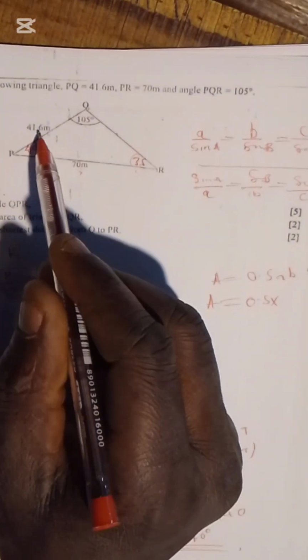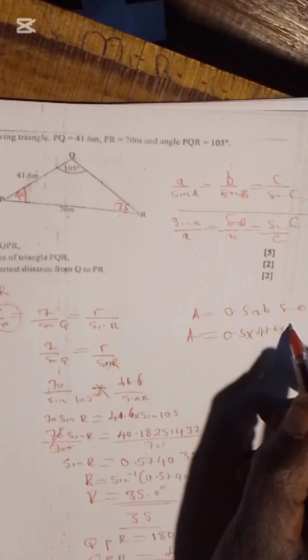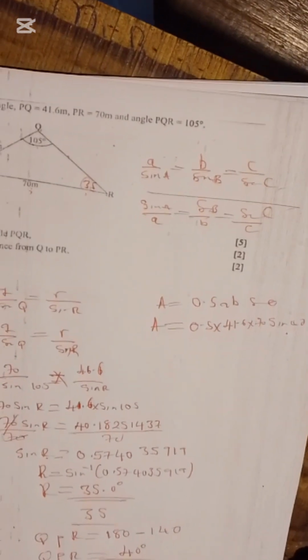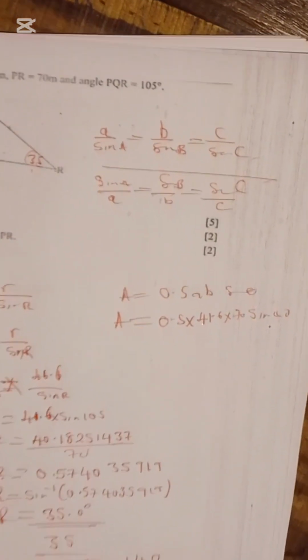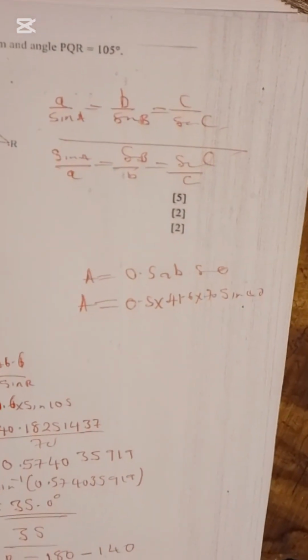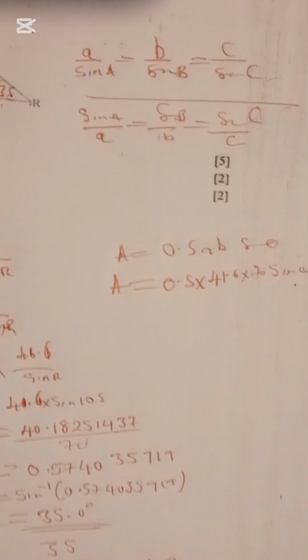So I'll use 40, which has the two enclosing sides, which is 41.6 times 70 sine 40. So when I punch on the calculator, it will be 0.5 times 41.6 times 70, then sine 40.